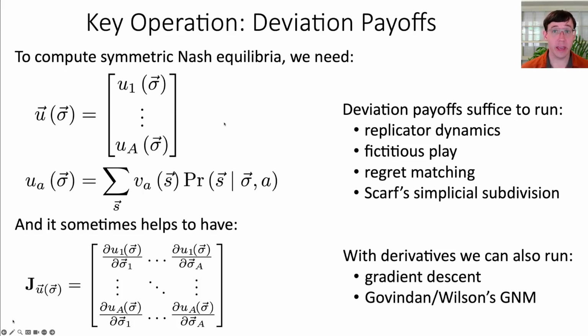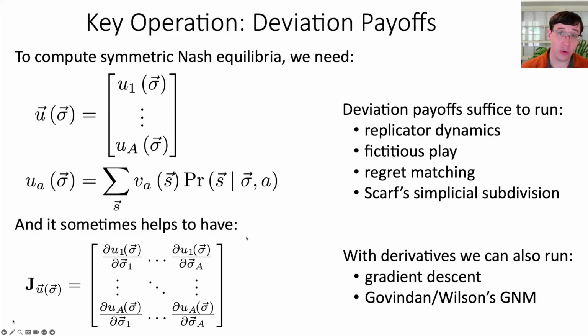And the reason that we care about deviation payoffs for symmetric mixed strategies is that in a symmetric game, we search for symmetric equilibria, and if we can compute deviation payoffs for any mixed strategy, then we can run a number of different algorithms for finding Nash equilibria.